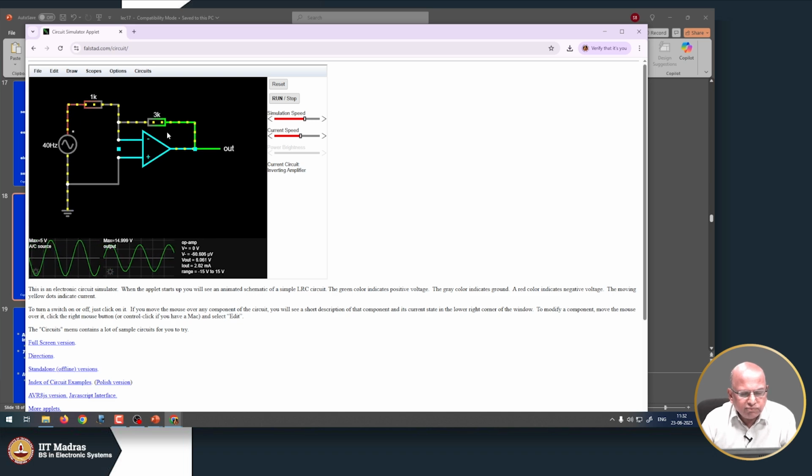So, you may remember the formula minus R2 by R1. So, in this case it is minus 3. So, you can see that the output is having a phase shift of 180, right. When this reaches its positive peak, this reaches its negative peak and there is a gain of minus 3, right. You can also stop the simulation and observe.